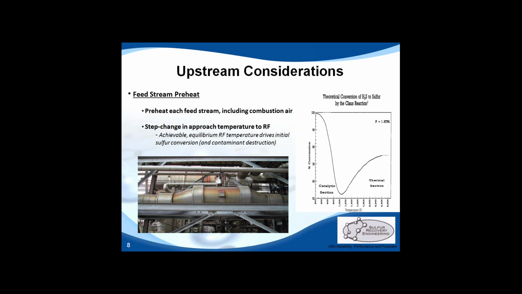If we were able to increase our feed stream temperatures by, say, 200 degrees Fahrenheit, well, that's essentially a step change. We're coming in 200 degrees Fahrenheit hotter. In theory, for the same feeds, the same compositions, the same burn, we should be able to achieve a reaction furnace temperature that is approximately 200 degrees Fahrenheit higher than where we typically would operate.